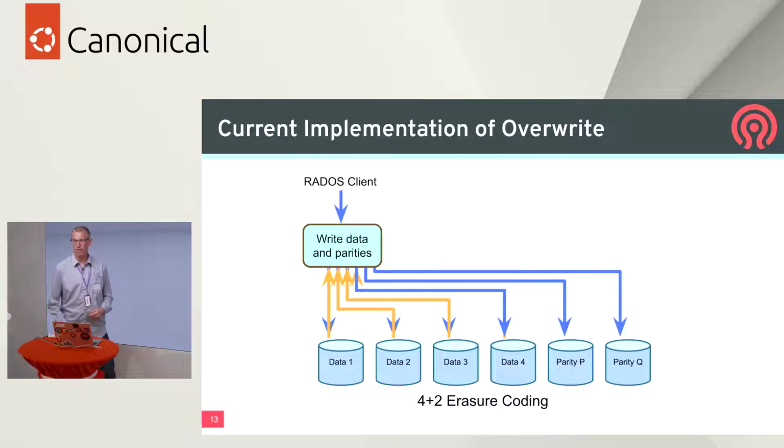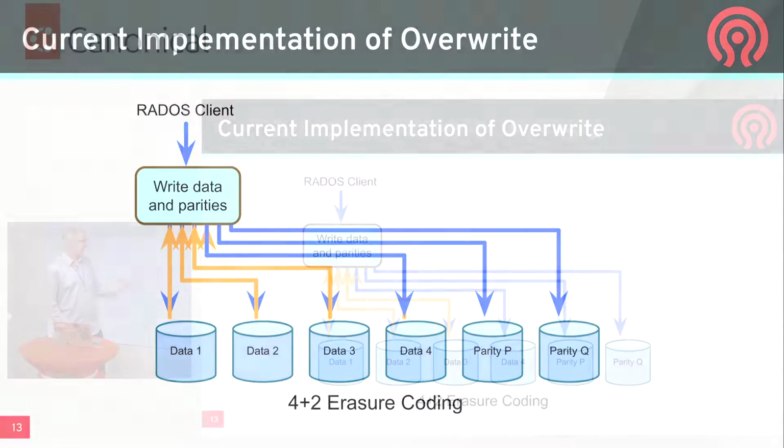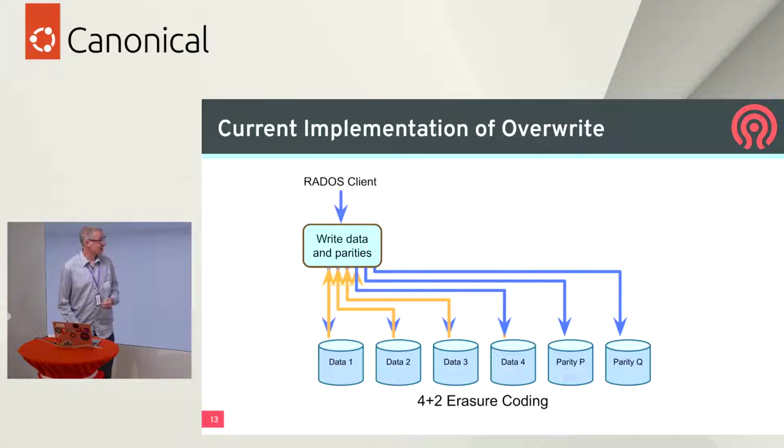When you've got block and file, the problem is that you need to deal with overwrites. Data doesn't just get written, and a block device isn't immutable, a file isn't immutable. It gets written, and then you get random overwrites occurring to the block device or to the middle of the file. The current implementation of overwrites is not particularly sophisticated. What it does is it reads all of the old data.